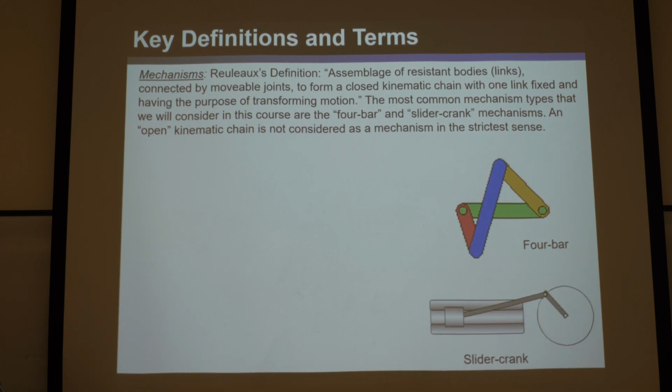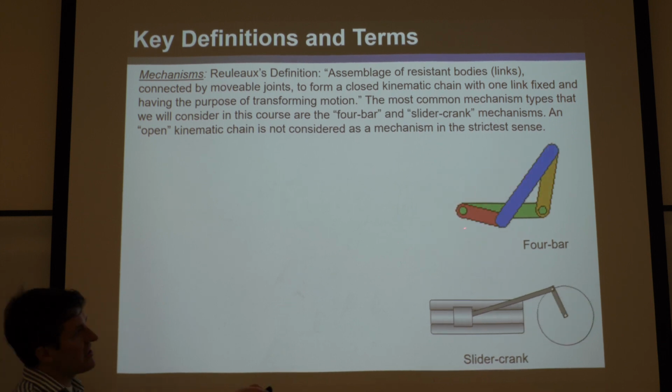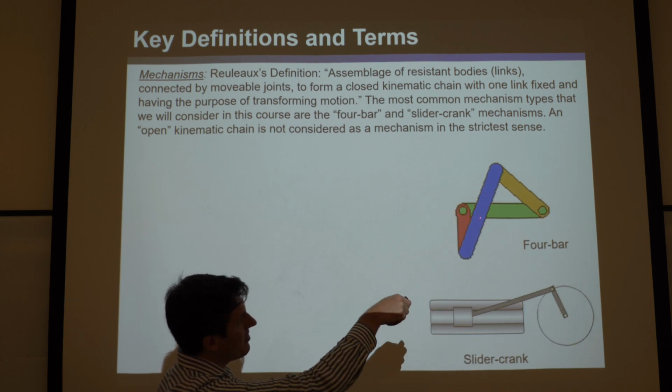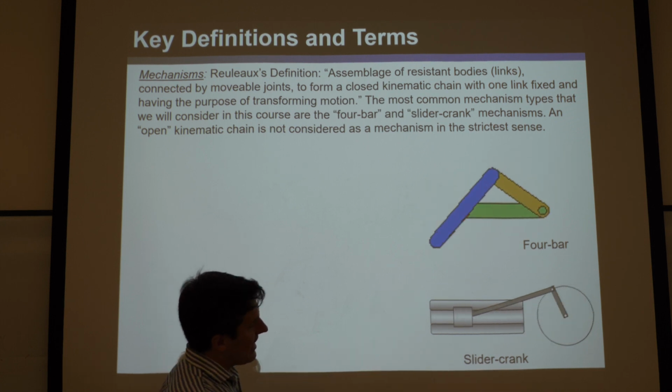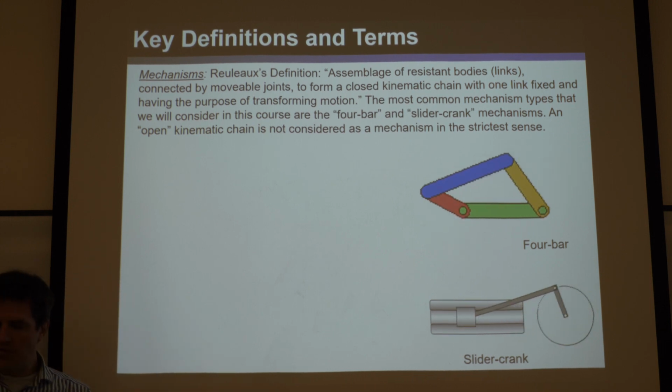So first of all, let's break it down. It consists of rigid bodies, or links, that are joined together by movable joints. And one of those links must be held fixed or grounded. In this case, here's a 4-bar mechanism, and the fixed link is the green link there, so it can't move.